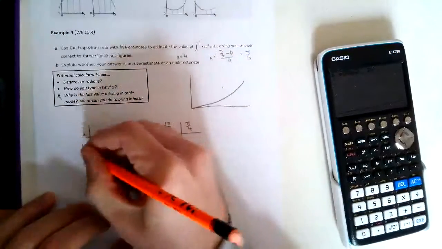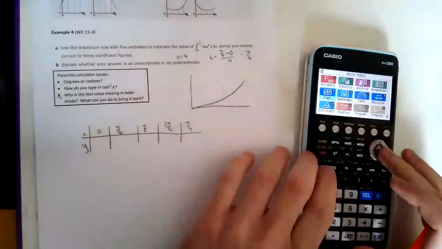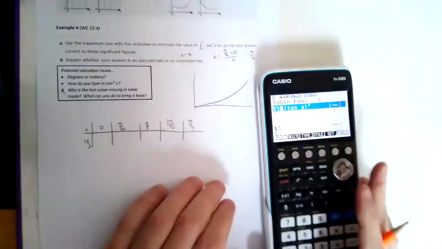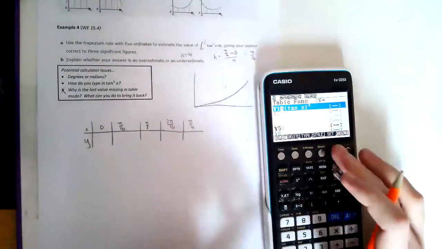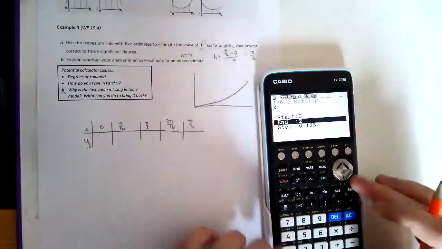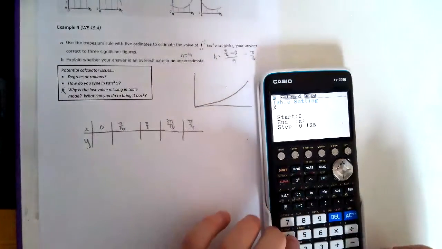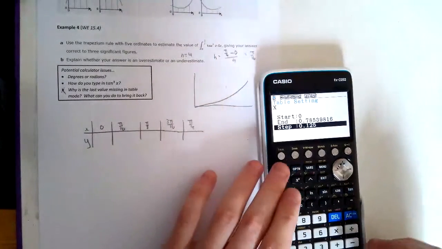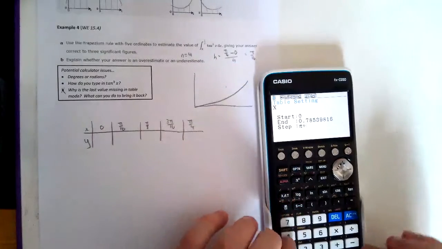So to get the y values, go into table, and look, tan x cubed is still there. We're going to go between 0 and pi over 4, and the step is going to be pi over 16.